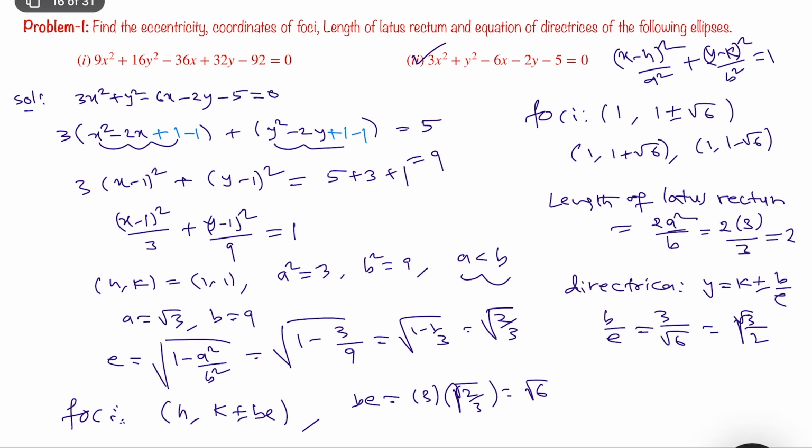So the equation of the directrices is y equal to k, k is 1, plus or minus root 3 by 2. So y equal to 1 minus root 3 by 2, one directrix, and y equal to 1 plus root 3 by 2, another directrix.